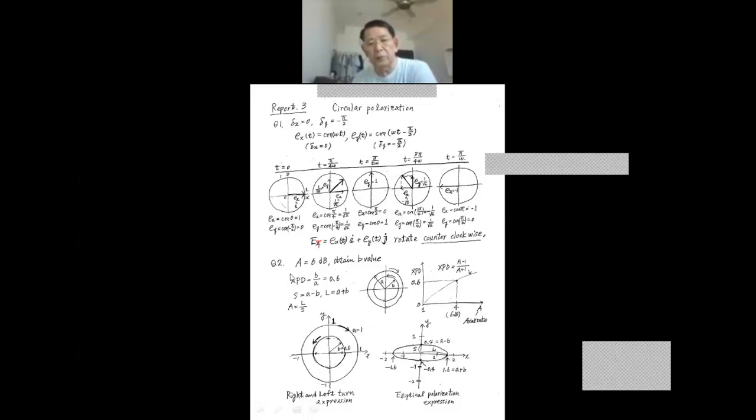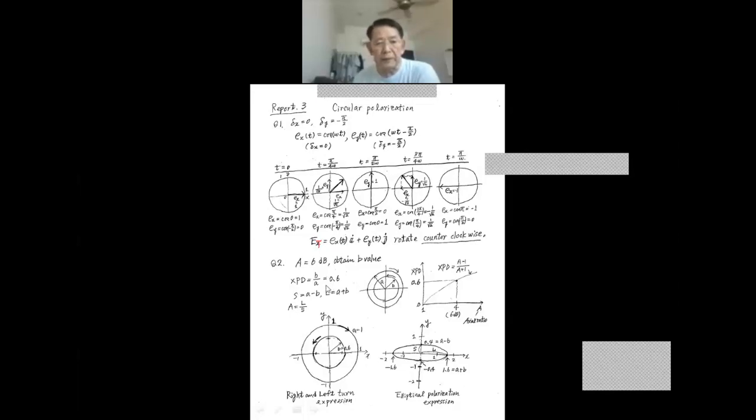In the case of A equal 6 dB, which means an A value of 4, from this curve XPD becomes 0.6. So the ratio of the large circle and small circle becomes 0.6.